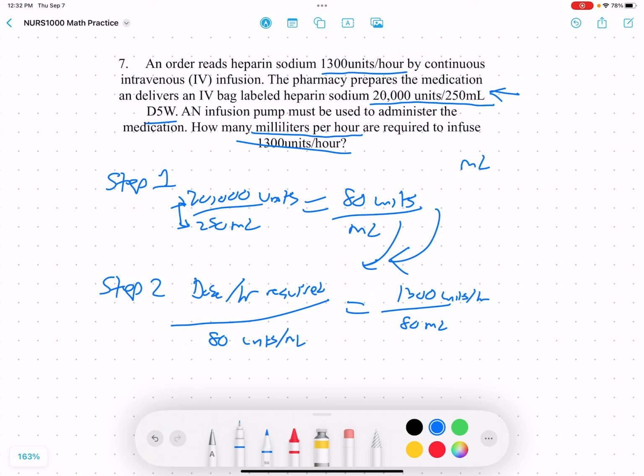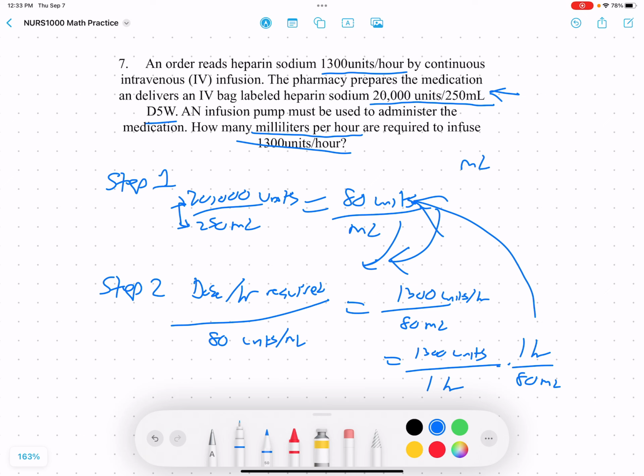If we wanted to break this down even further, just to kind of clarify how the units work, it's going to look something like this. 1,300 units over hour times 1 hour over 80. We get this from just switching these over here.